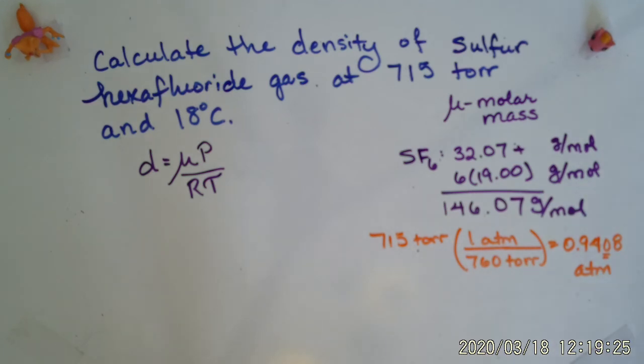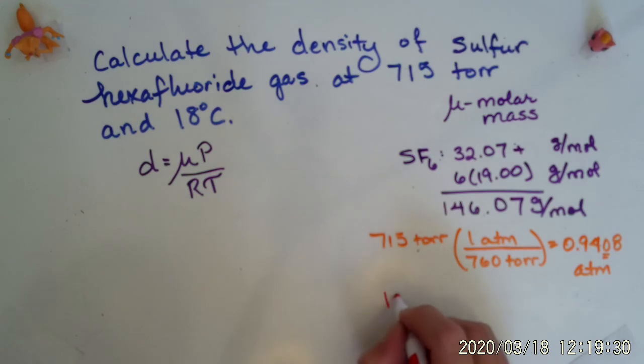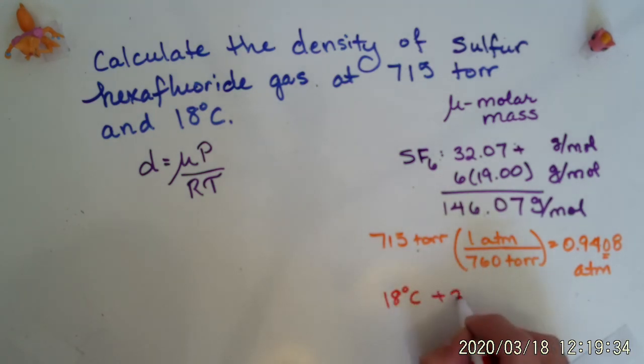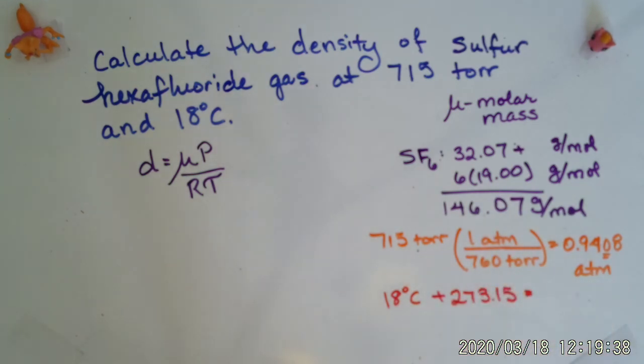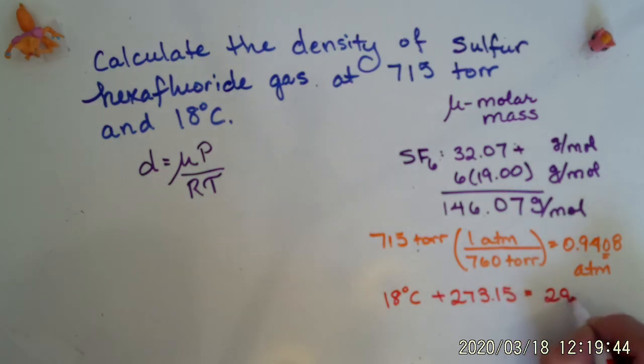Temperature. The temperature is in Celsius, so we need to convert temperature to Kelvin. 18 plus 273.15, so we get 291.15 Kelvin.